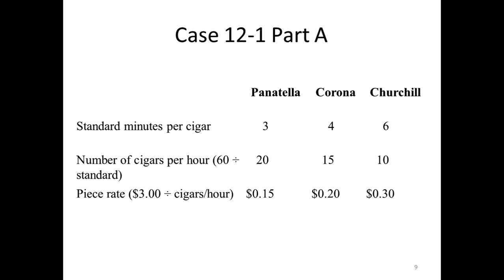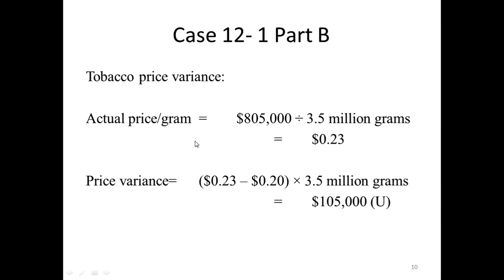So the first one we start with is the standard labor minutes for each cigar at $3 labor rate. At the $3 labor rate, the standard is actually 15 cents for Panatella, 20 cents for Corona, and 30 cents for Churchill.